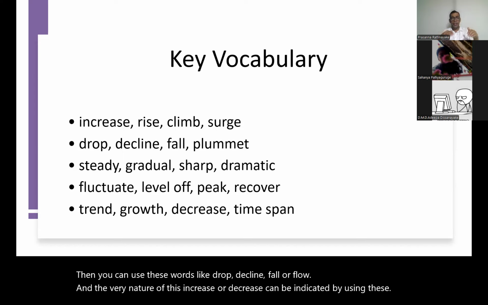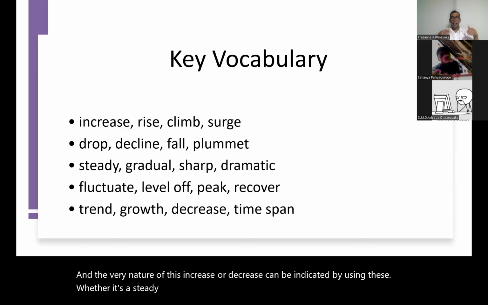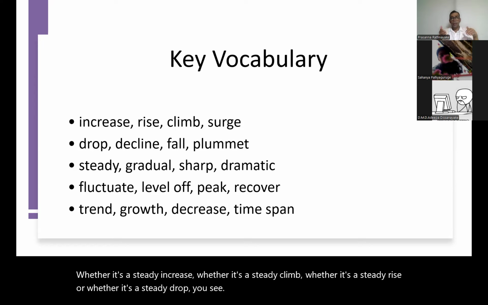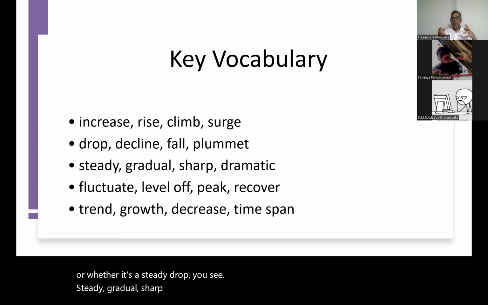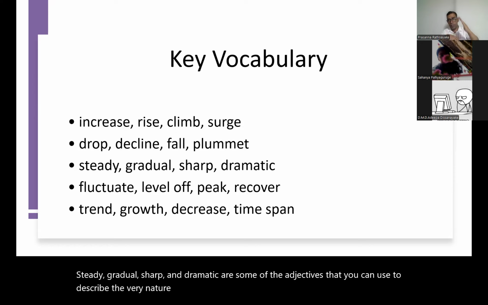Whether it's a steady increase, a steady climb, a steady rise, or a steady drop. Steady, gradual, sharp, and dramatic are some of the adjectives that you can use to describe the very nature of this fluctuation, either increasing or decreasing.